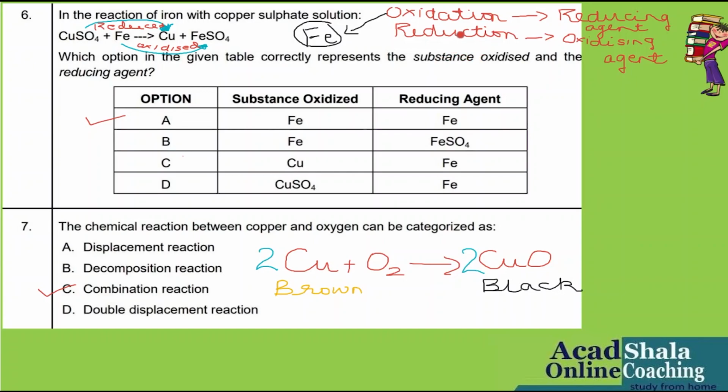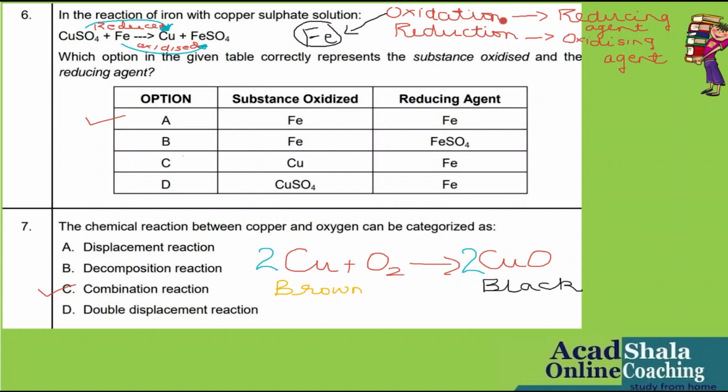Now you see, where the oxidation is taking place, that means iron is getting oxidized, so it is oxidation. And they have asked for the substance oxidized. I have come to know iron is the substance oxidized, that is oxidation. Done. My first point done. And they are also asking for the reducing agent. So which is the reducing agent?